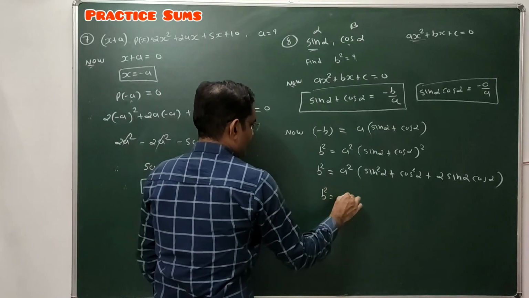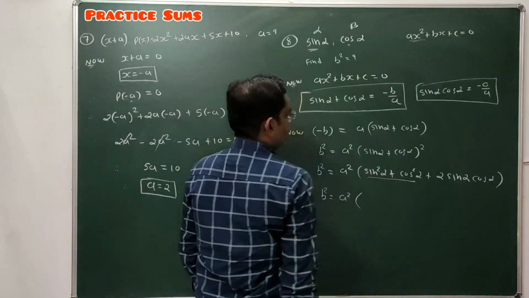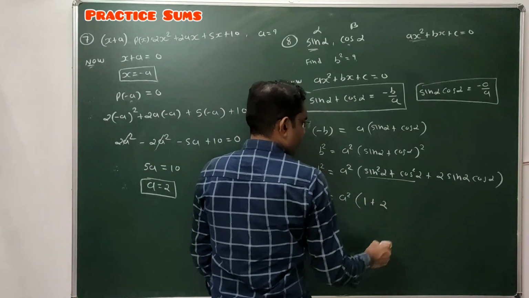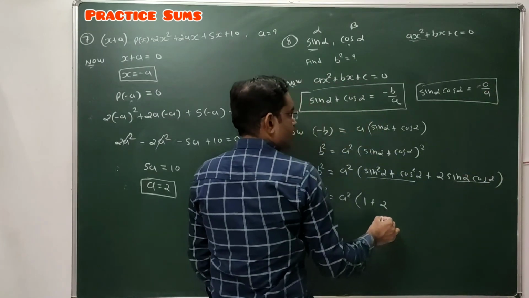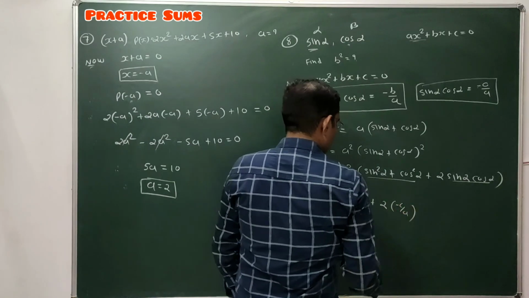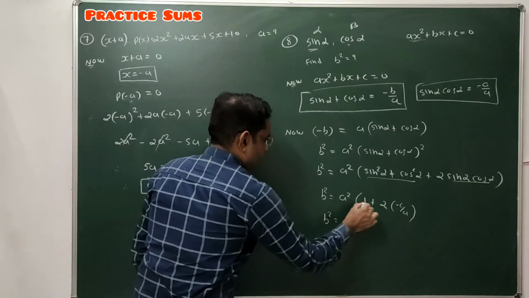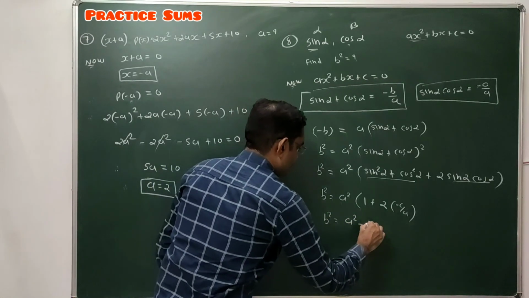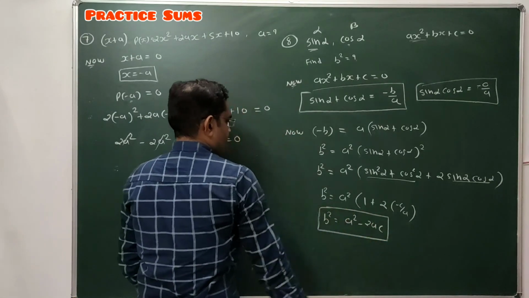Hence b square equal to a square into, sin square alpha plus cos square alpha, our identity, which is 1, plus 2 into sin alpha cos alpha which is minus c by a. Done. So multiplying this, b square is a square minus 2ac. A square minus 2ac is the answer.